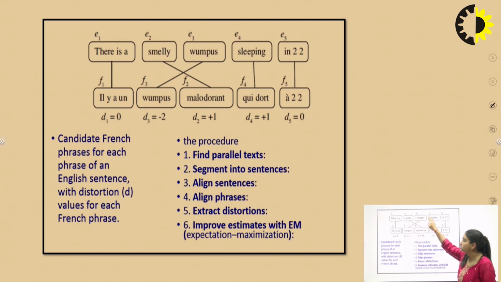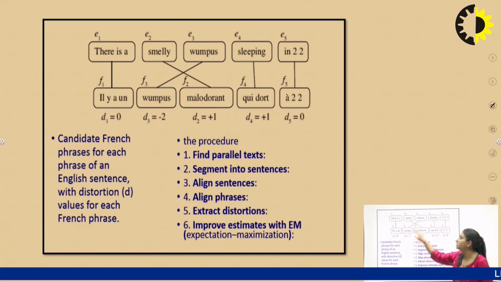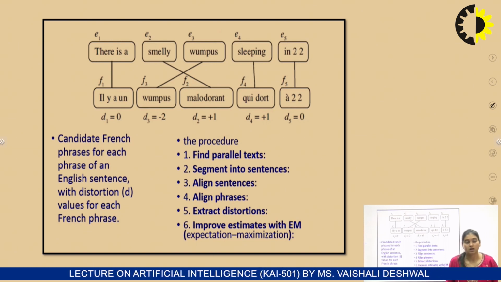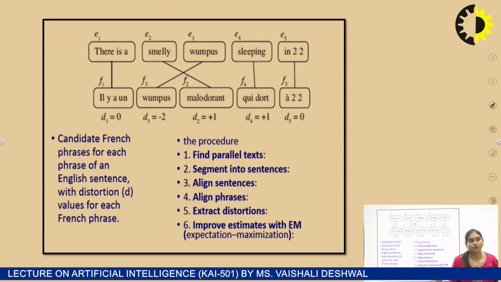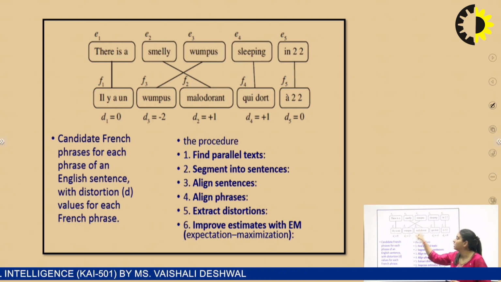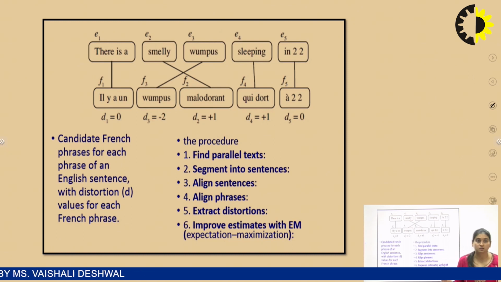This is a sentence in English, this is a sentence in French, and we want to convert this sentence into French. If there is a movement to the right, we assign some positive value. If the word moves to the left, we assign some negative value. And if there is no movement, we assign the D value as 0, because the distortion is 0.